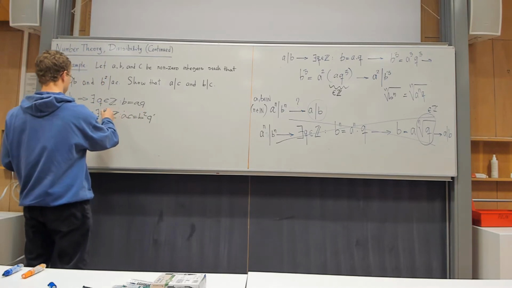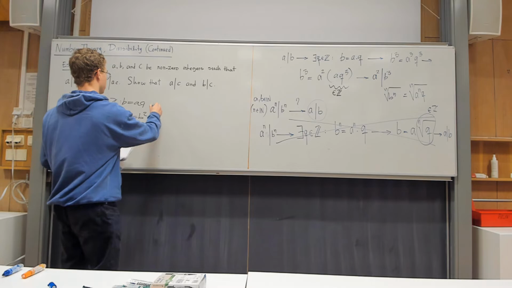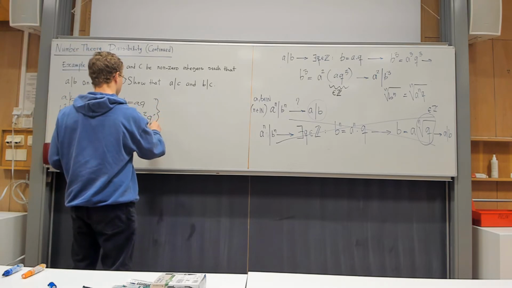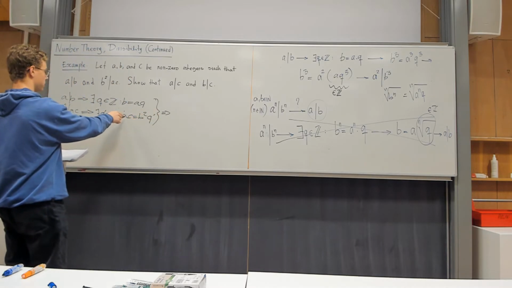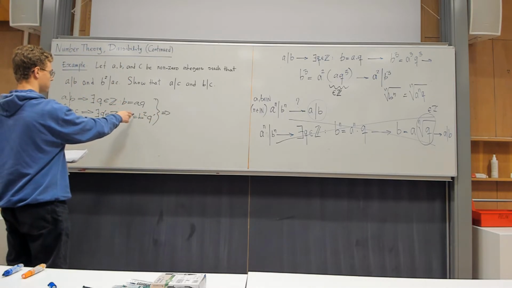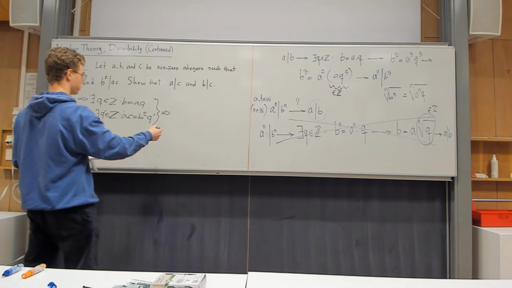Q prime. Yes, yes. And then this means that I can multiply these. So B times AC equals AQ times B squared Q prime.